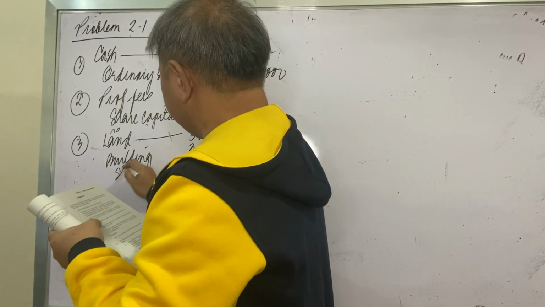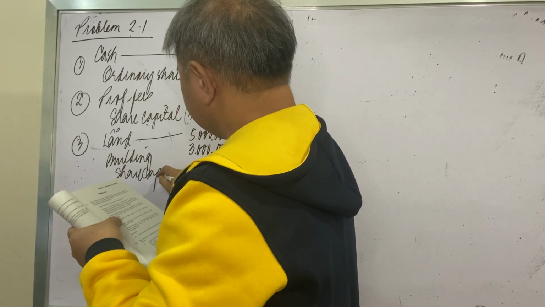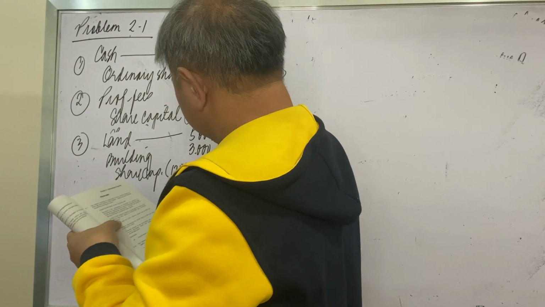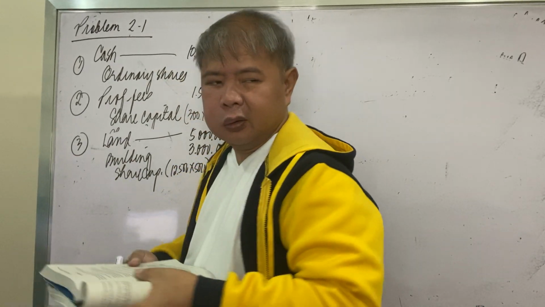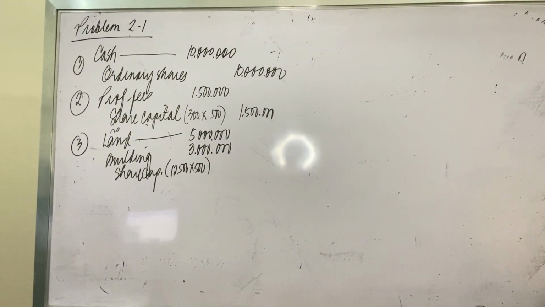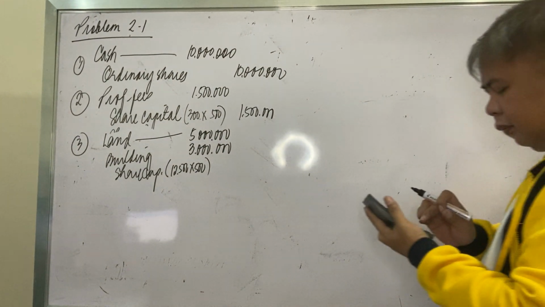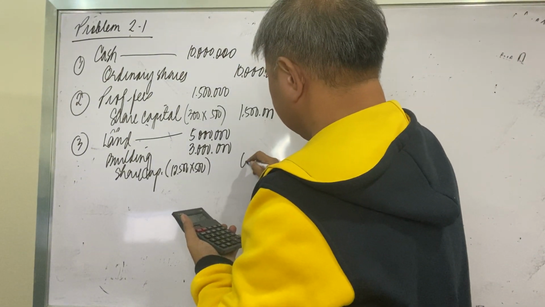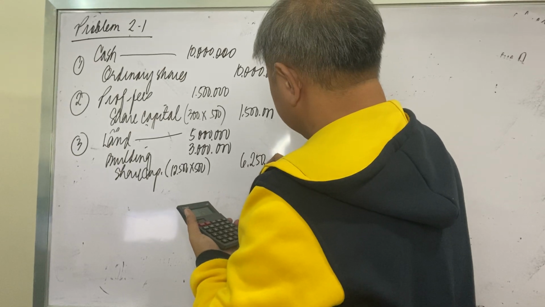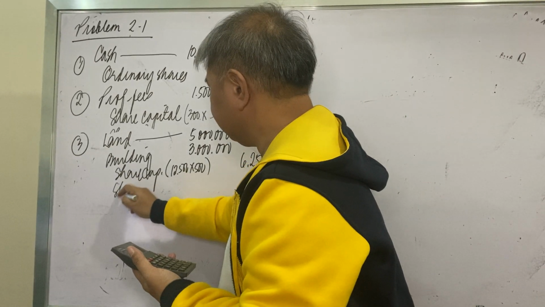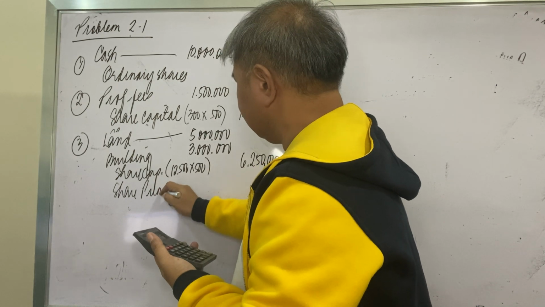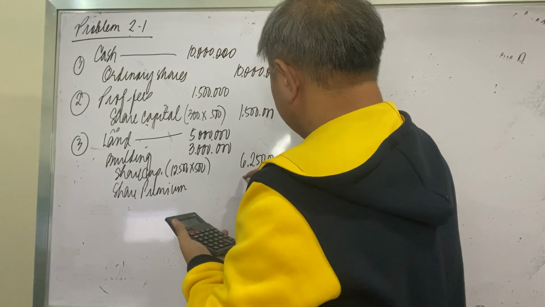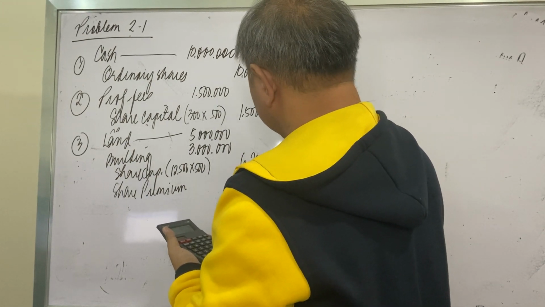And then you have share capital, equivalent to 12,500 times 500, so this is 6,250,000. You have a share premium for the difference, 1,750,000.